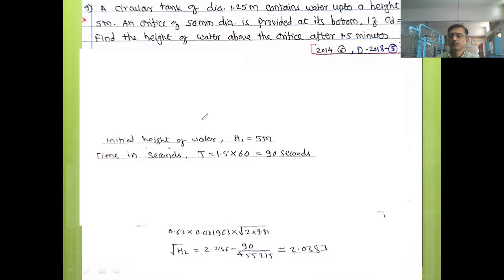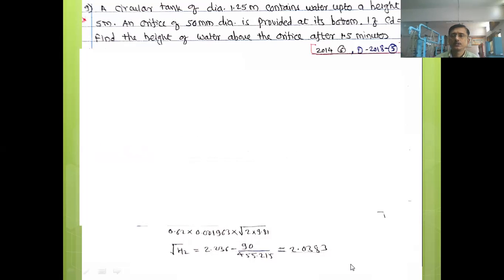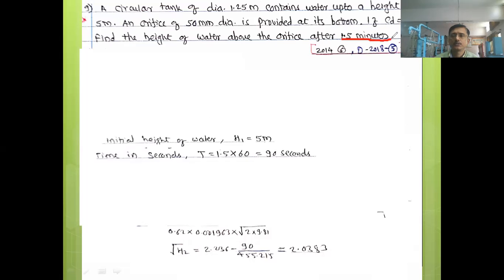So that is the change here. Same problem, same formula we have to use. I will give you the hint that the time is given in minutes. You have to convert that into seconds.